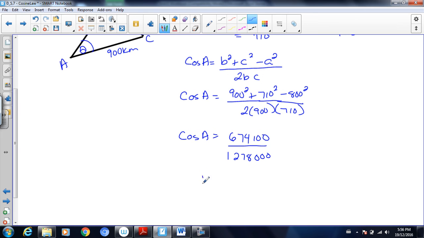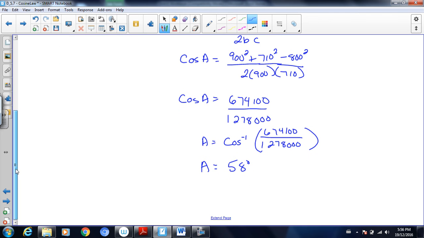Again, I need to solve for angle A, so we are doing the inverse of cos of 674,100 over 1,278,000. Therefore, when I calculate that, you should get 58 degrees.